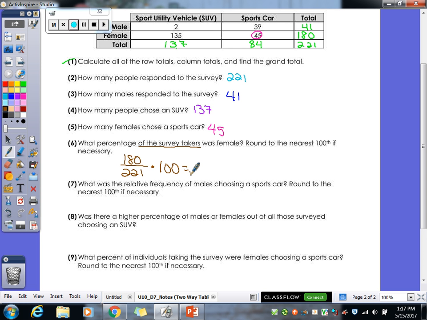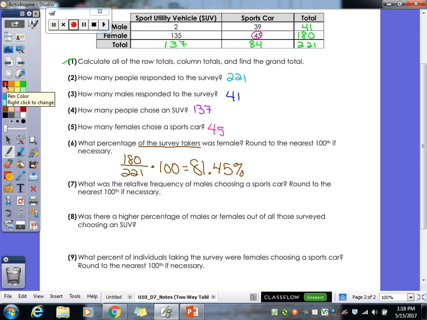So we're going to do 180 divided by 221, and then to make it a percentage, you have to do times 100, to the nearest hundredth. What would that give us? 81.4 what? No, that 7 makes that 4 round up to a 5, so it's 81.45%.